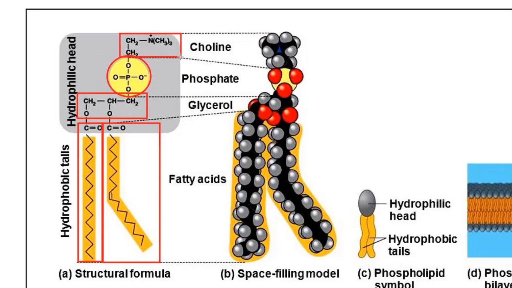According to your syllabus, choline is not a compulsory group in all phospholipids, but the majority of phospholipids will carry whom? Choline. So what are the molecules contributing to make a phospholipid molecule? Just tell me the list.